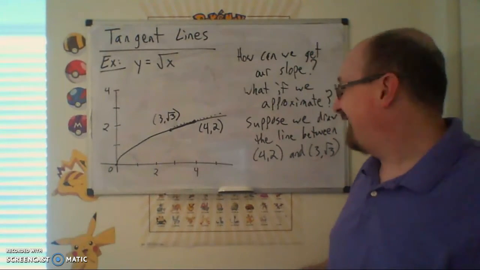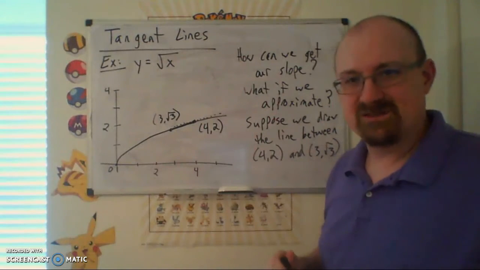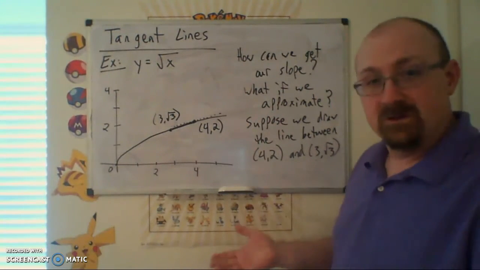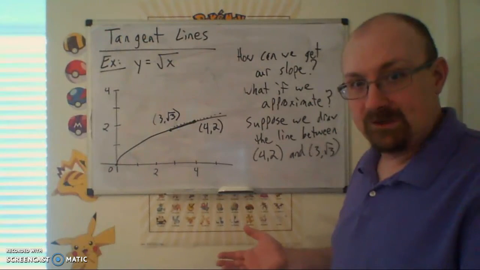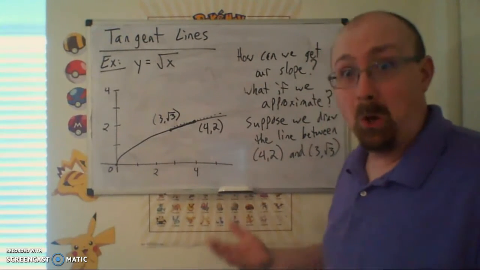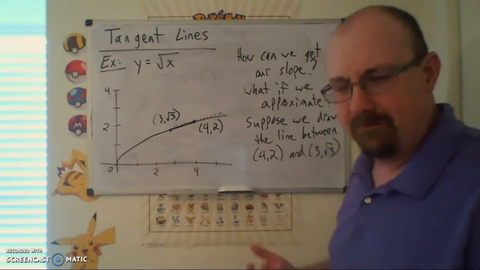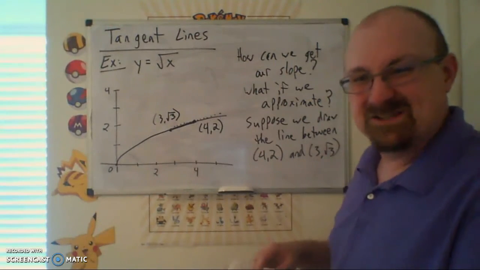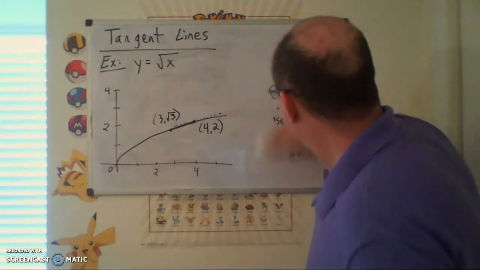Now we have a line that's close in some sense to the line we're interested in, and that may already be setting off some bells in the memory banks. Our slope should be close in some sense to the slope of our desired tangent line.